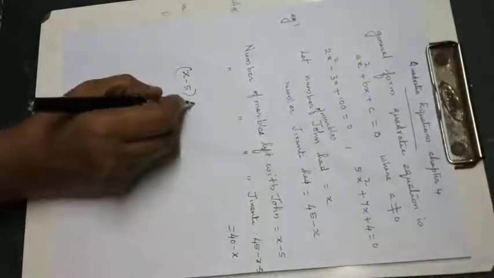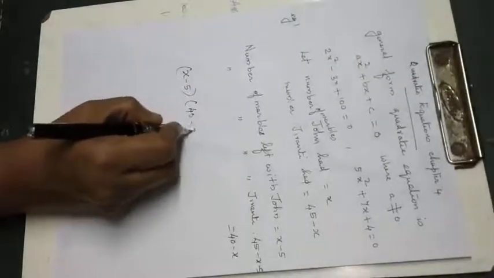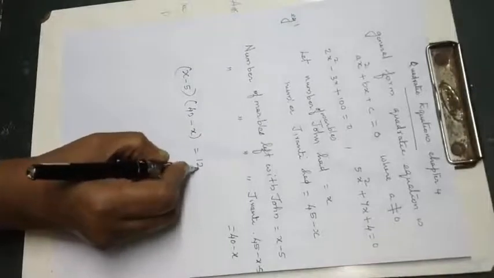Now the next sentence says that the product of the number of marbles they now have is 124, that is x minus 5 into 40 minus x will be equal to 124. Now our aim is whether we are getting a quadratic equation from this or not.